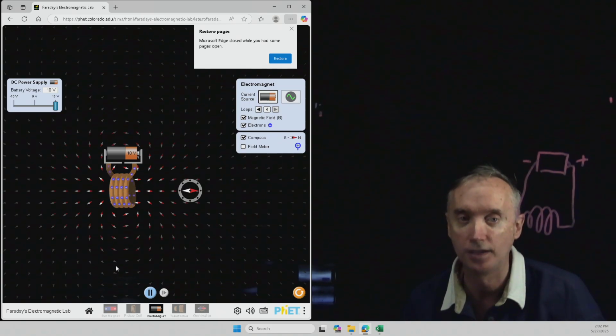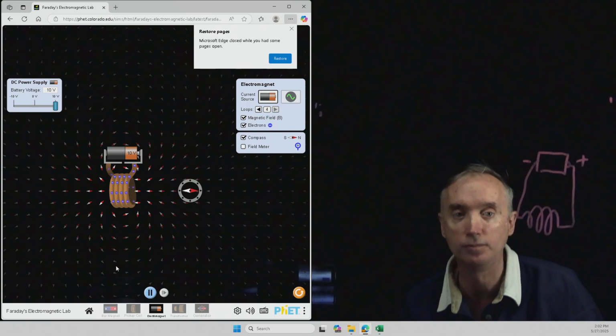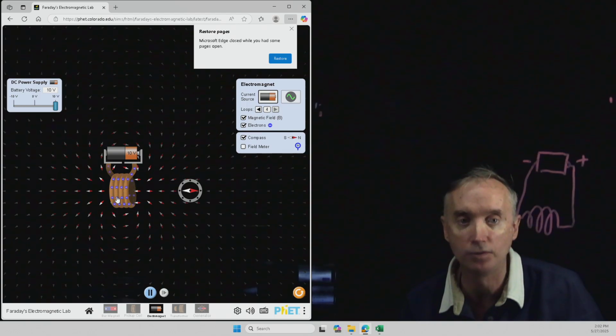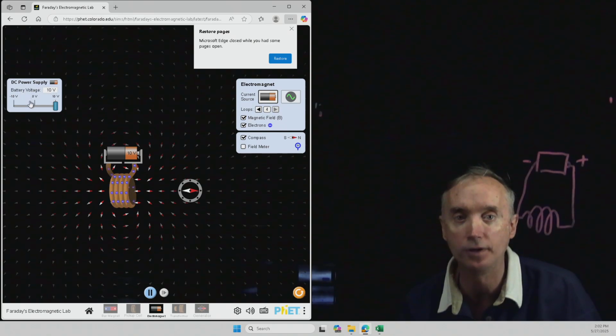battery. Now you should notice that there are some things that are moving in the wire. They're moving so fast it's really hard to see them. So if I take my battery, here I can change the voltage on the battery over here.